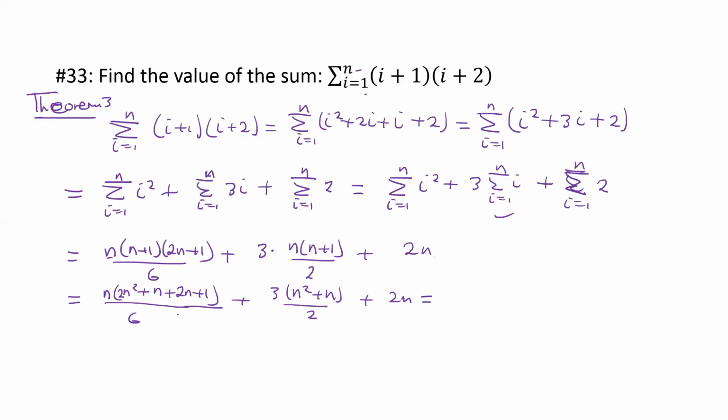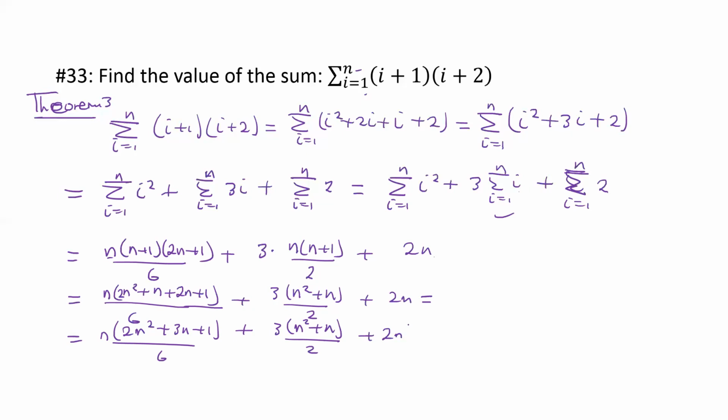When we simplify, this part gives n times (2n squared plus 3n plus 1), then plus, let's keep the 3 outside, n squared plus n all over 2. This is all over 6 plus 2n.